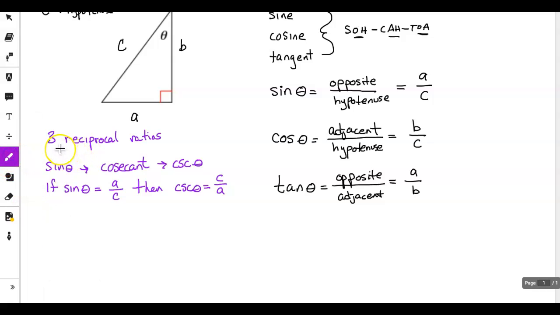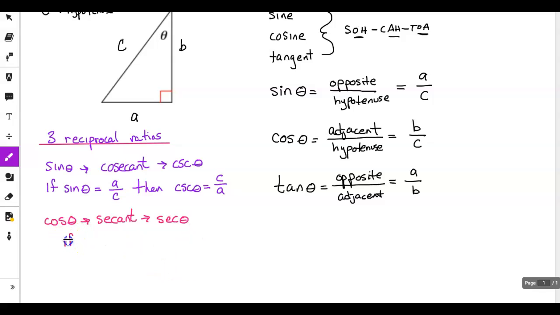The next reciprocal is the reciprocal of cosine, which is the secant function, abbreviated SEC.